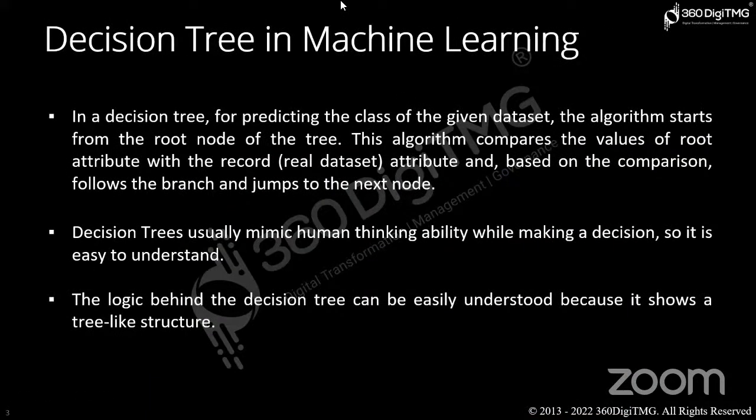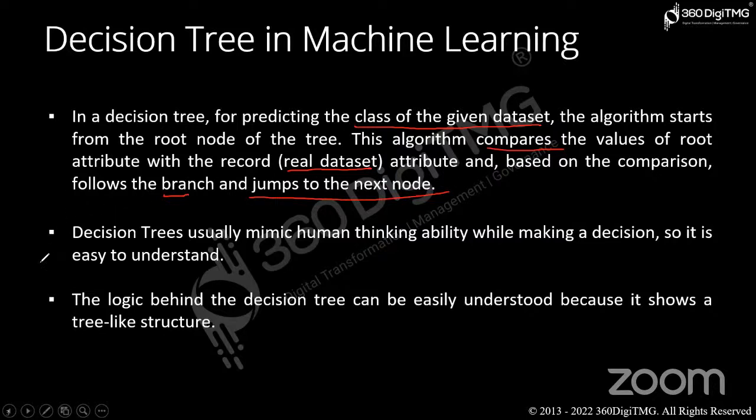Another thing: in the decision tree, for predicting the class of a given dataset, the algorithm starts from the root node of the tree. This algorithm compares the values of the root attribute with the record attribute, that is your real dataset, and based on the comparison, follows the branches and jumps to the next one.